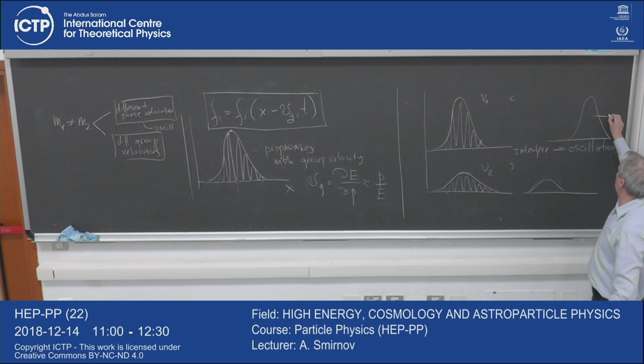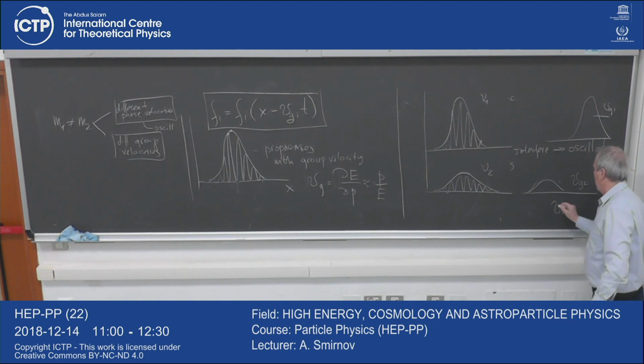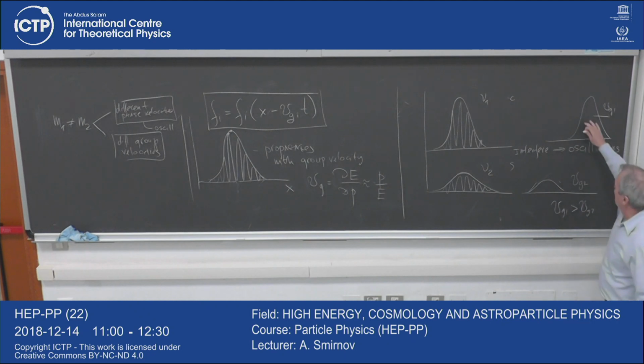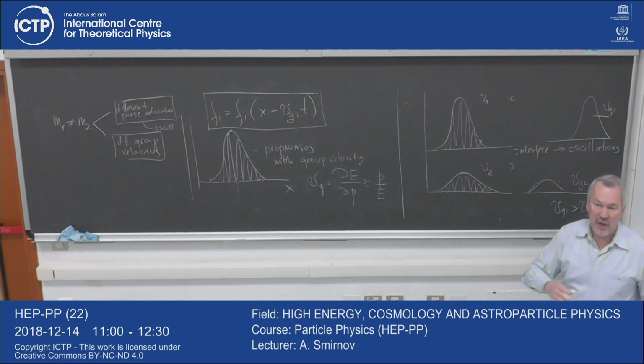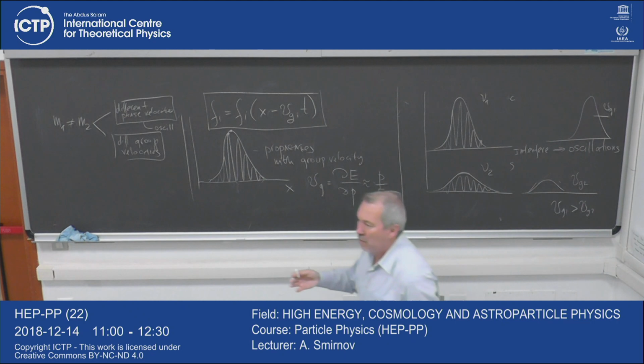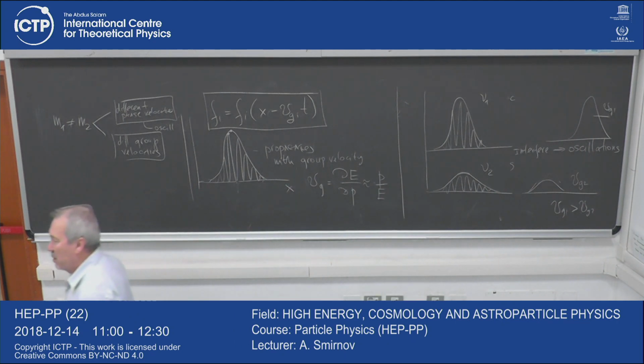If this group velocity is bigger than this one, then we will have such a picture after some time. They stop to overlap, they stop to interfere, and then oscillations just stop.